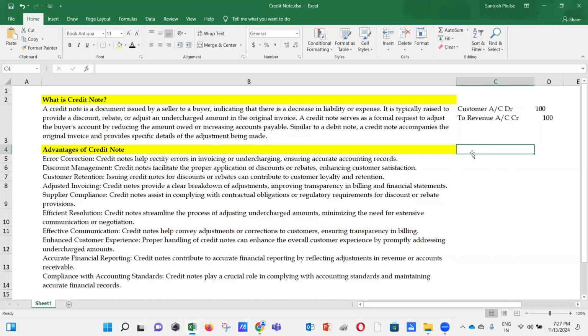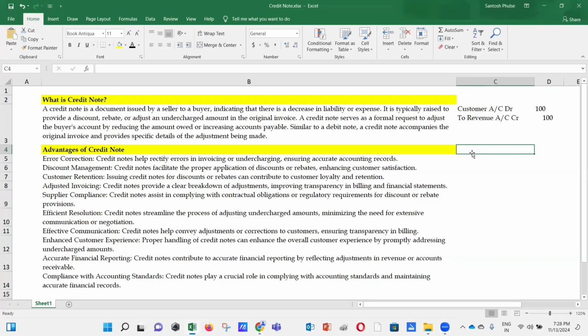Now, if the price is not as per what we agreed, say we had the first discussions with the customer, and when the final negotiation was done, the price was reduced from 100 to 90, but we didn't receive that information and we raised the invoice for 100 rupees.